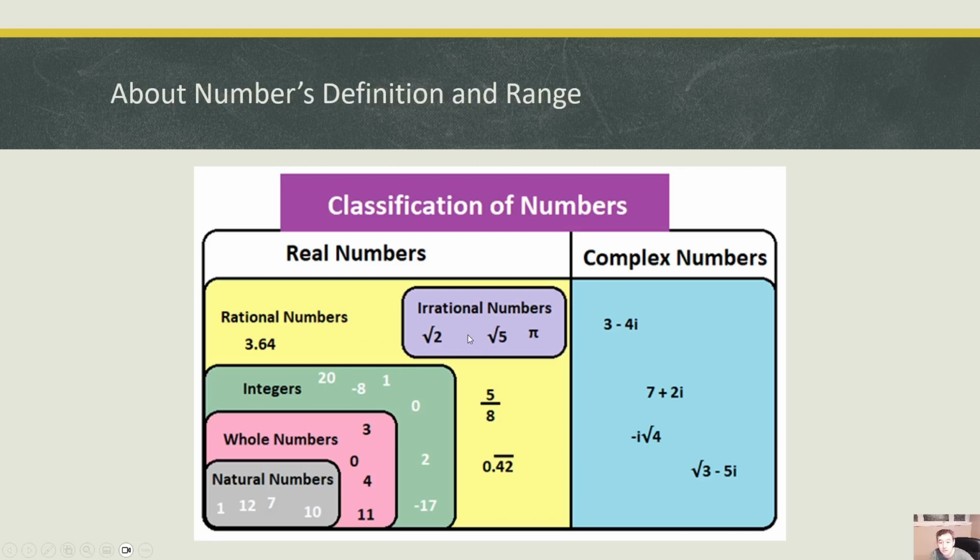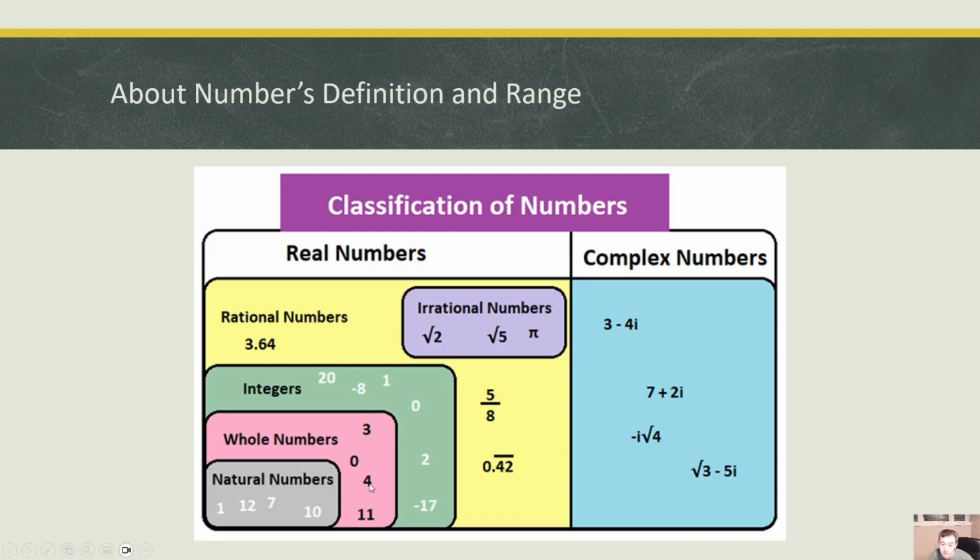This one is also a type of rational number. The short line above the number means the floating part is cycled by 42.